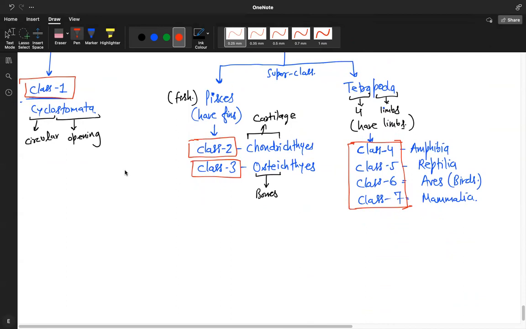We know that they have all the 3 layers. They are triploblastic, they are true coelomates. That's why they are vertebrates, right? We also know they have closed circulatory system. So everything you study about the phylum chordate applies on this. So we don't have to do all of those things again. We only have to study the important parts.